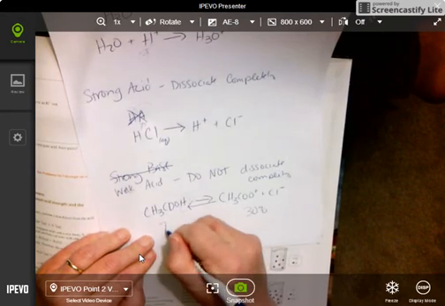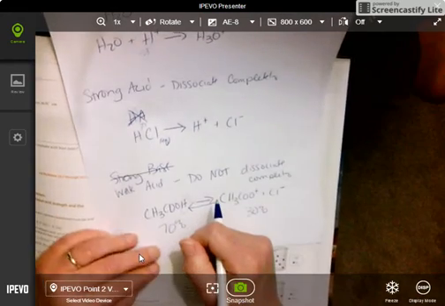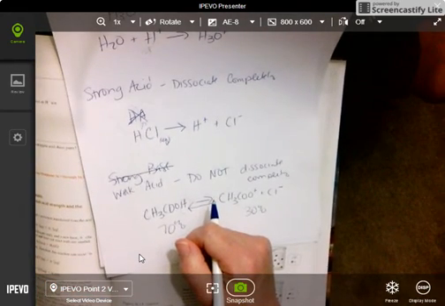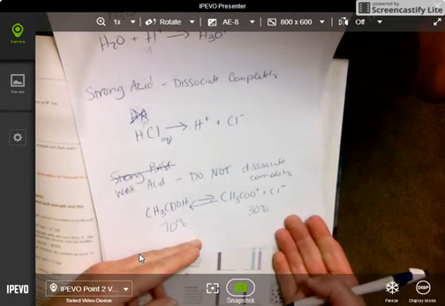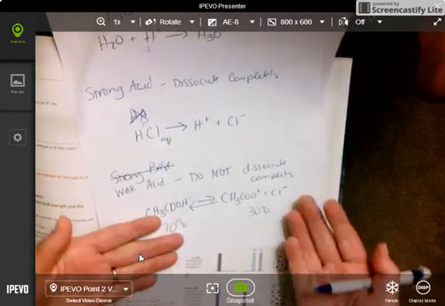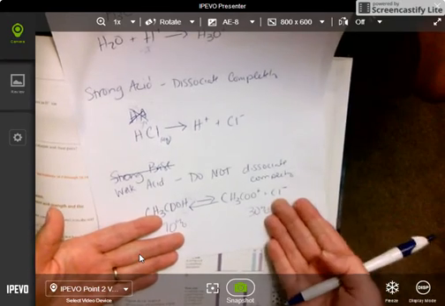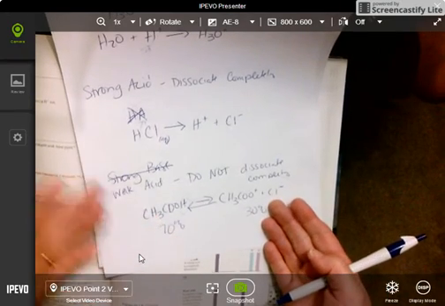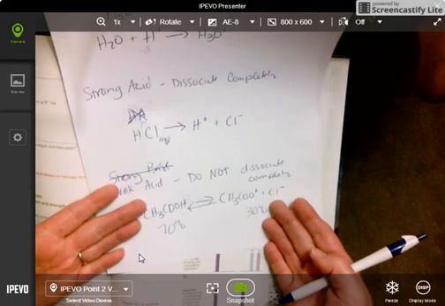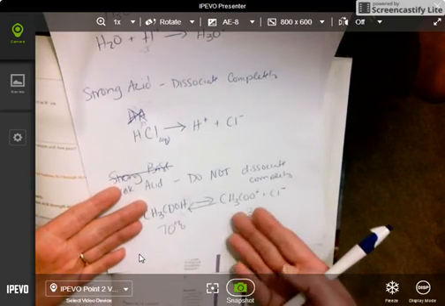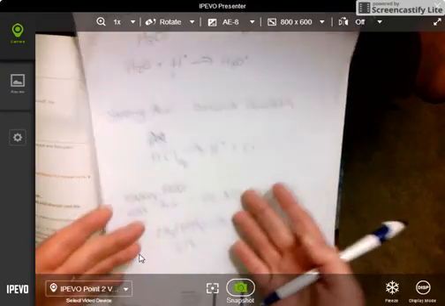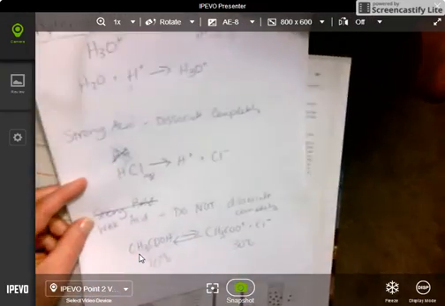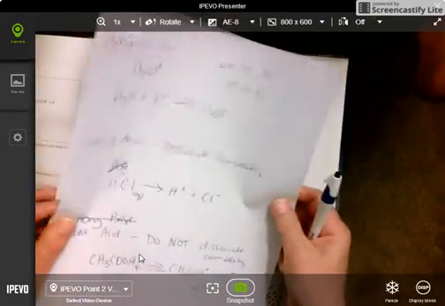The rest of it has stayed as a whole molecule, something like that. That's the difference between a strong acid and a weak acid. And that affects pH, because if it doesn't dissociate completely, the pH is not going to be very acidic. That's why vinegar, no matter how much acetic acid you add to water to make vinegar, is never going to be super low pH, because it doesn't dissociate completely. Okay, so strong acid, weak acid.